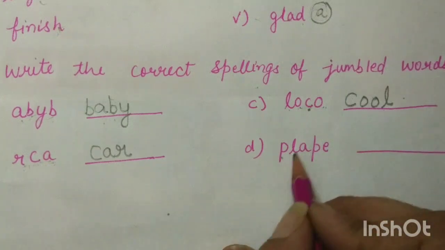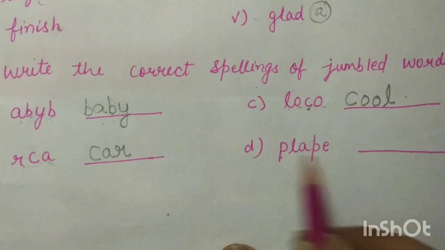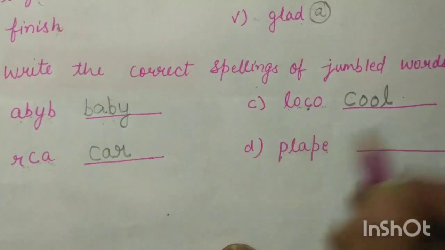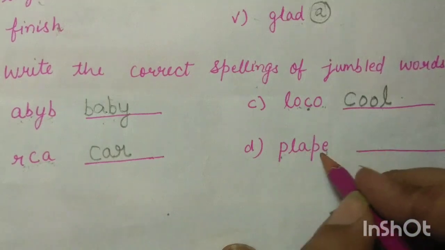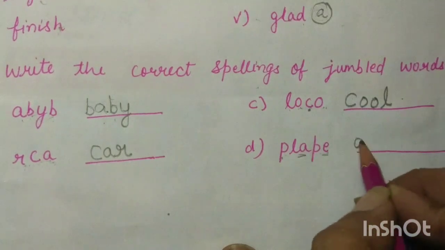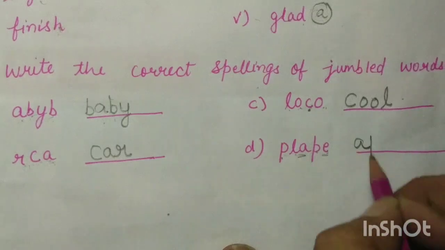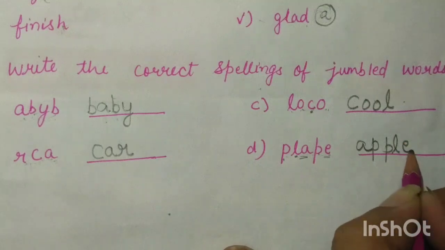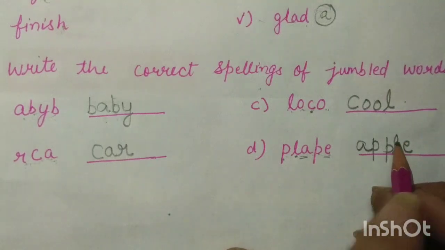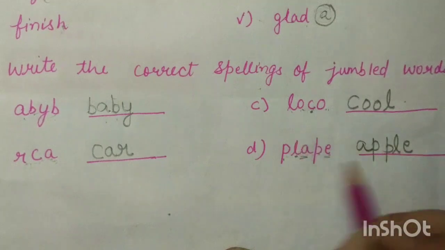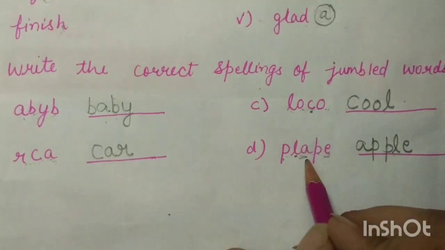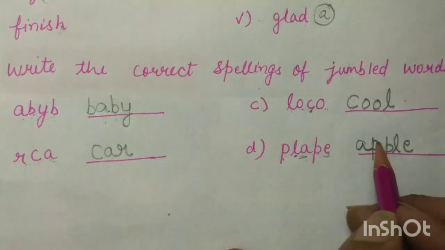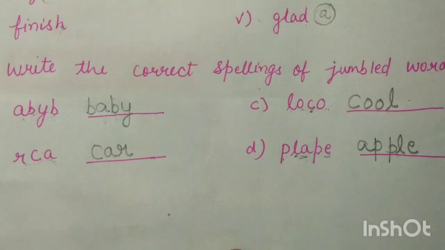Now, when we move to the next word, PLAPE, we can make apple. A, double P, L, E. We have to stop and think what new word can be made from these letters, which has an appropriate meaning. I hope you all understood.